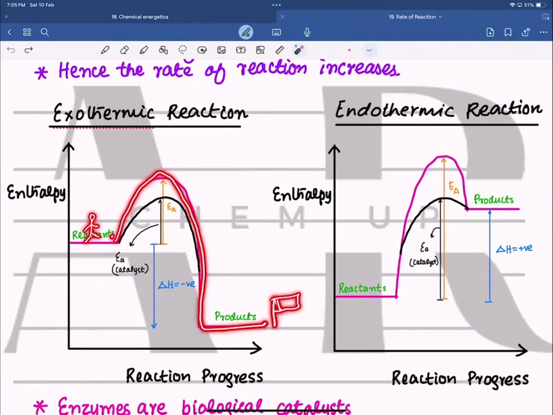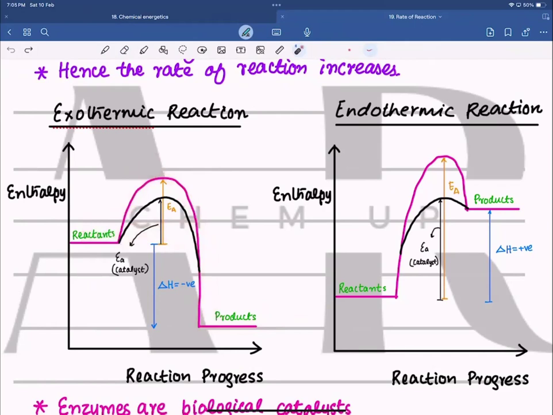One way is that they can pass over the mountain like this, and there is another way: they form a tunnel, and everyone can go through it. So it's an alternate route, and this tunnel doesn't require that much energy compared to climbing the mountain, right? Yes, sir. So that's what catalysts do. Is this clear?